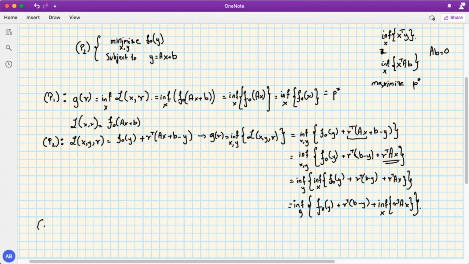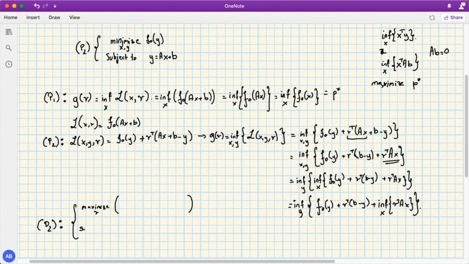So let me denote by D2 the dual of problem P2. Okay. So if I were to formulate the problem, which in the end, of course, is going to be to maximize this term over here, the Lagrangian dual function, I'm going to leave this as is because I don't know what I'm going to be maximizing in the end with respect to nu.